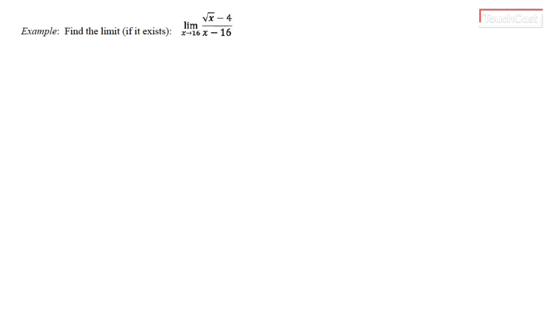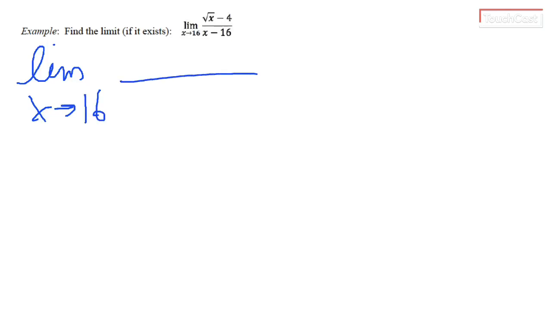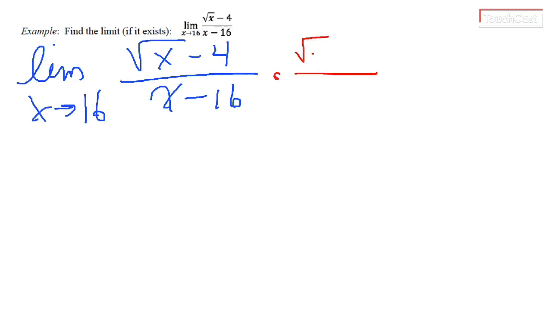I could do this in fewer steps, but I'll show all the steps. That's the same as the limit as x approaches 16 of square root of x minus 4 over x minus 16. I'm going to multiply top and bottom by the conjugate of the numerator.